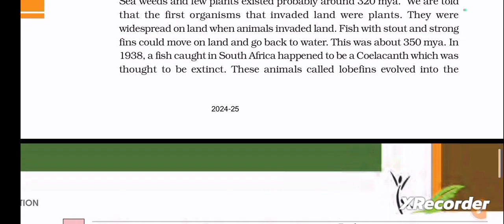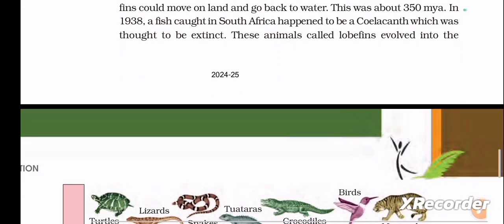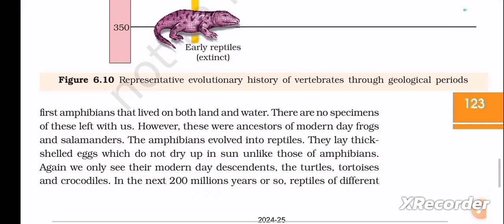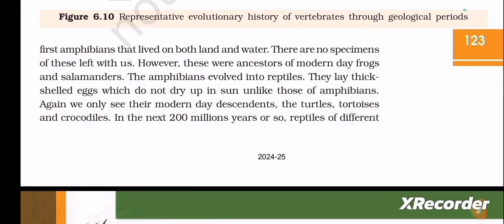In 1938, a fish caught in South Africa happened to be a coelacanth, which was thought to be extinct. These animals, called lobefins, evolved into the first amphibians that lived on both land and water. There are no specimens of these left with us.